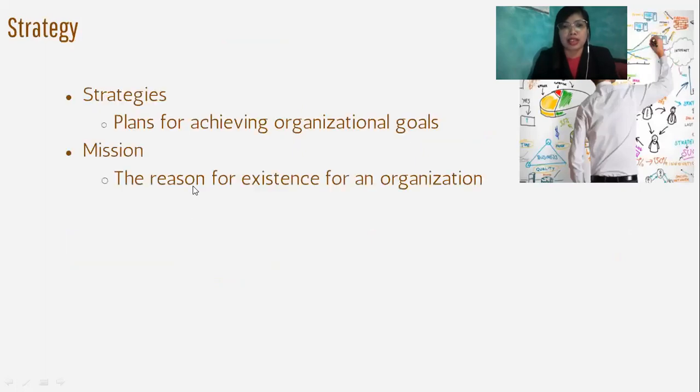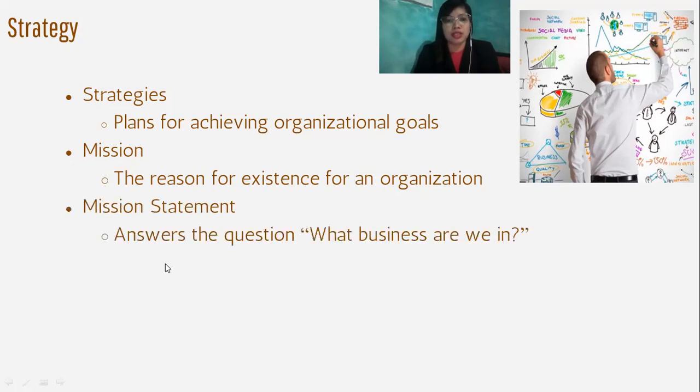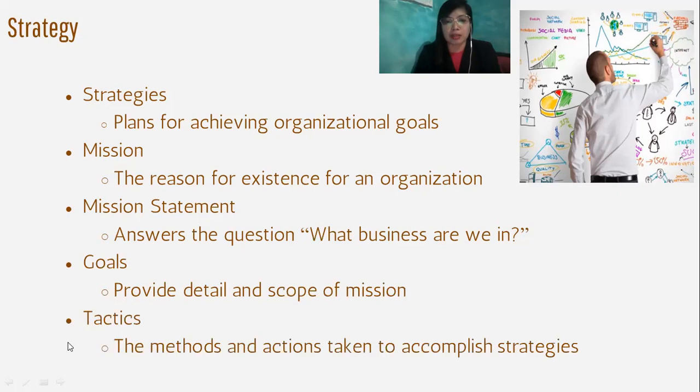Strategies are plans for achieving organizational goals. Mission is the reason for an organization's existence. The mission statement answers the question, what business are we in? Goals provide detail and scope to the mission, and tactics are the methods and actions taken to accomplish the strategy.